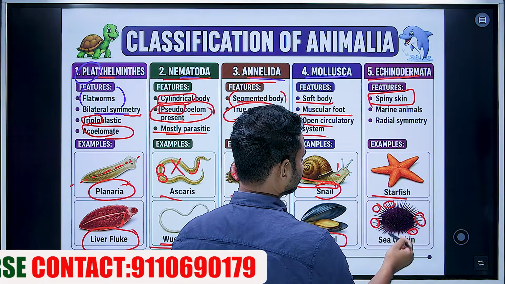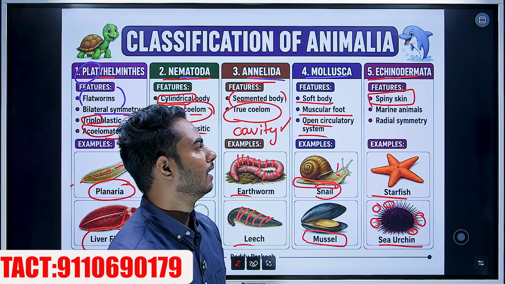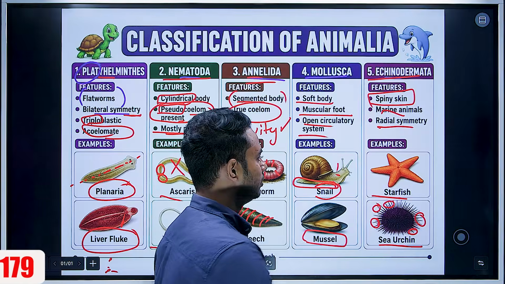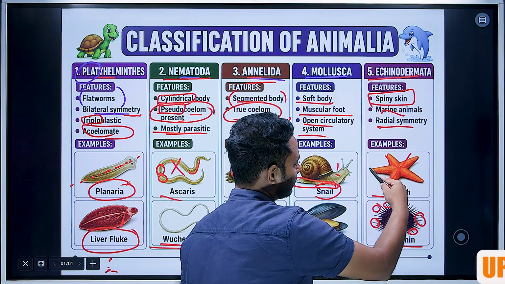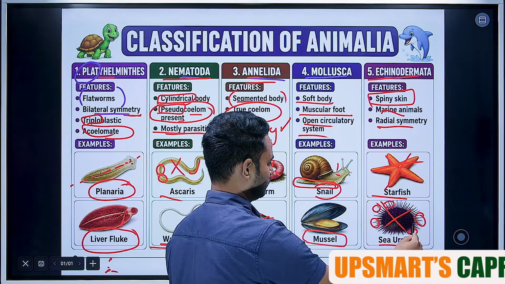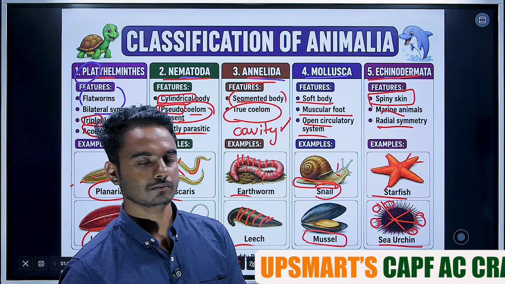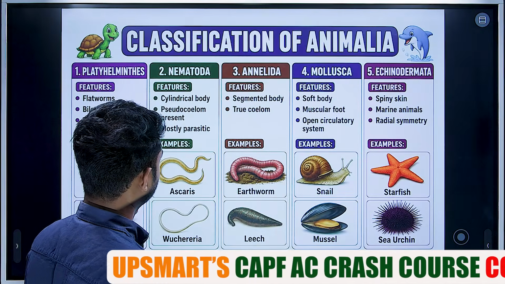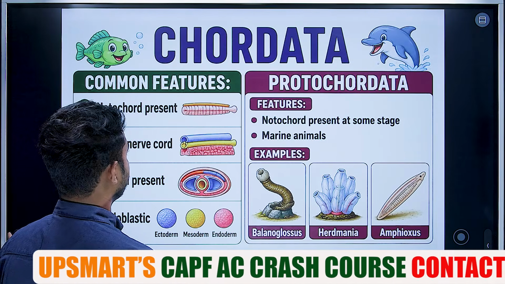Examples are starfish, sea urchin. Usually they are marine in nature, and radial symmetry. Radial symmetry, I told you. You can cut it under any plane, you'll get 2 halves. Fine. Here also same. You'll get 2 halves. Easy, right? Just that you need to remember, which can't be helped from my side.